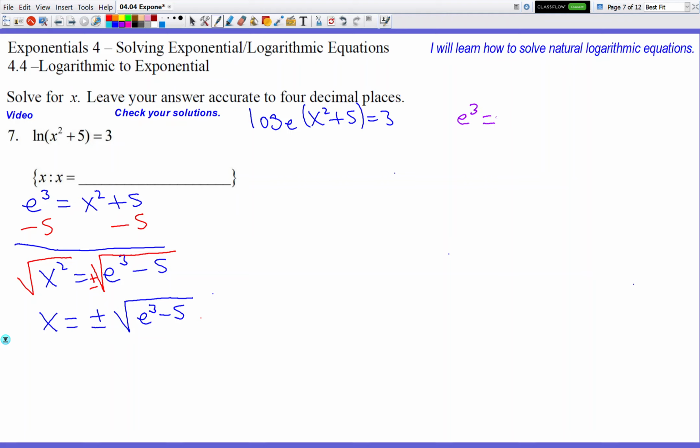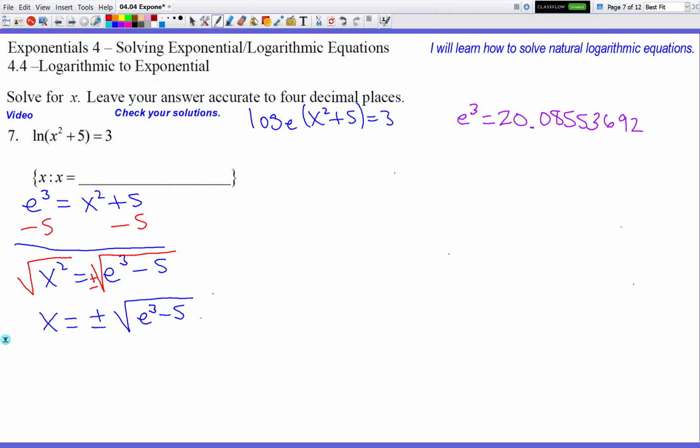e to the third, and you're going to get 20.08553692. Okay, all right. And then you're going to subtract 5.